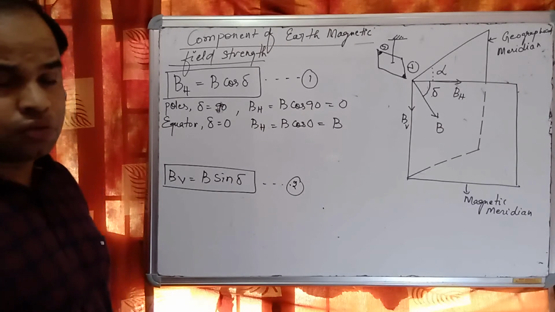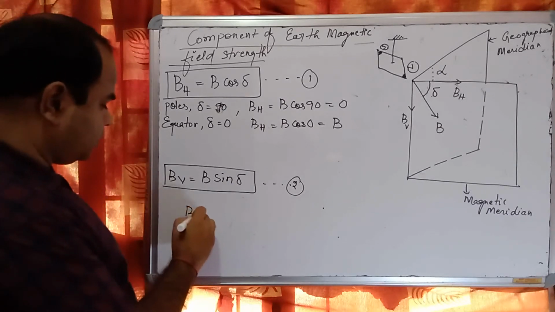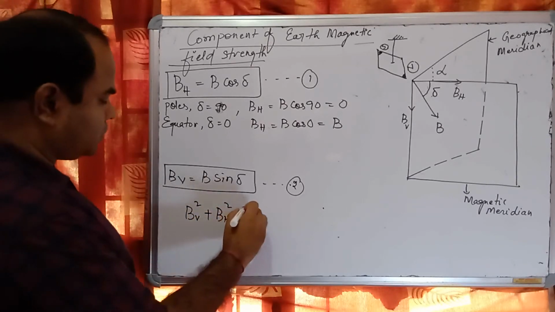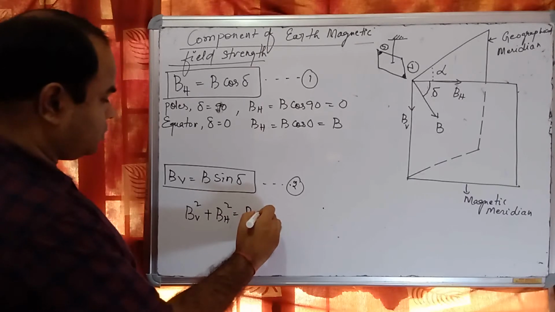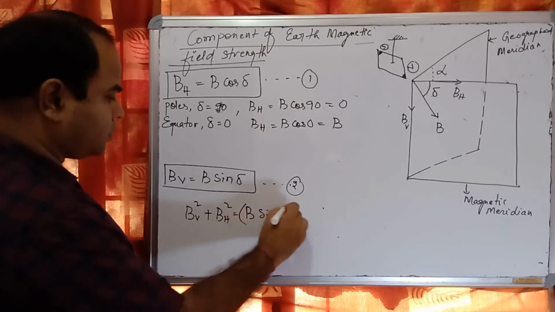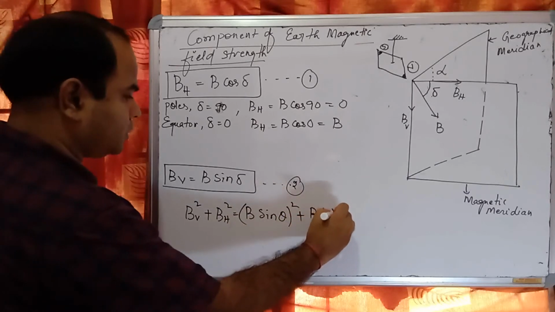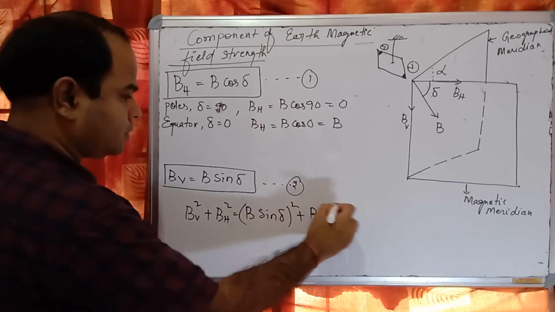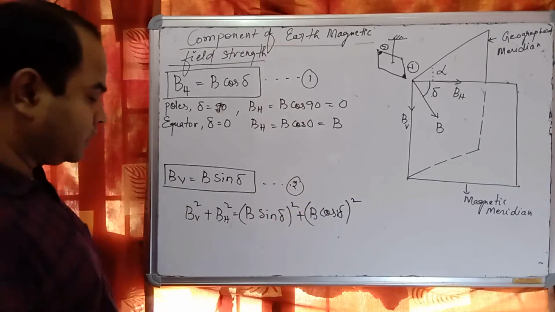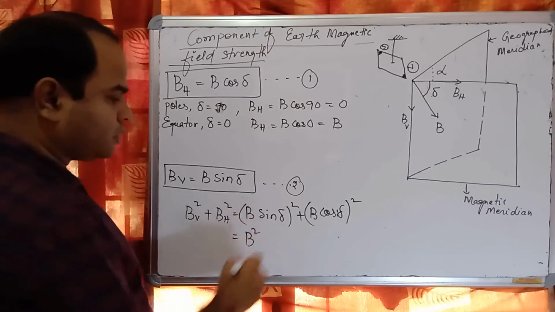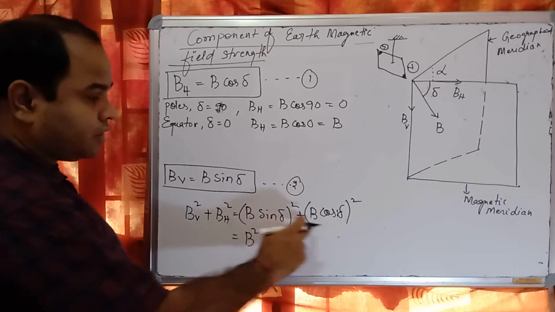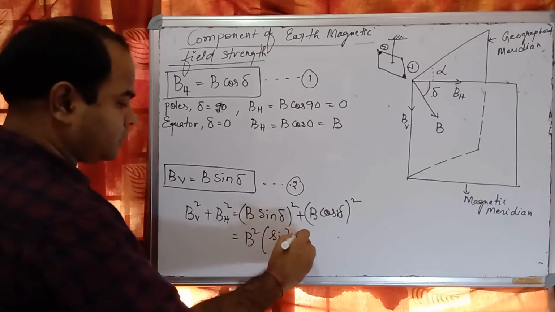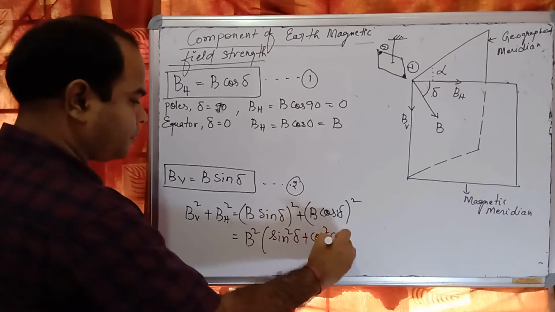Squaring equations 1 and 2, what do we get? BV square plus BH square is equal to B sin delta whole square plus B cos delta whole square. That is B square sin square delta plus cos square delta.